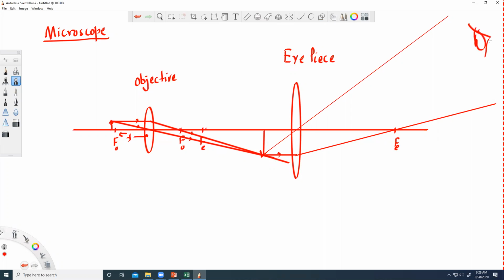Now, in order to see the image, these rays need to intersect on this side to form a real image. But they are diverging from each other, so they will never meet on this side. That means you need to produce them backwards. So produce the rays on this side, that one also, and they will meet somewhere here. That's the point where the image is formed.